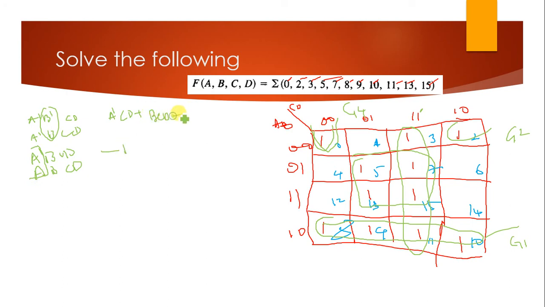Plus the next combination is between these two, which is A, B dash. It has been changed to B dash.